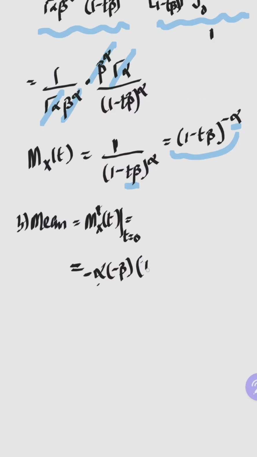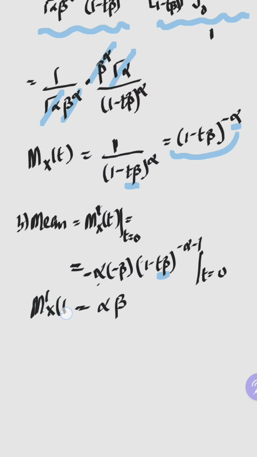So we have (1 minus t beta) to the power of negative alpha minus 1. By setting t to be 0, this is going to give us 0, and 1 to the power of negative alpha minus 1 is still going to be 1. Here I'm going to be having alpha beta. So this is my mean.